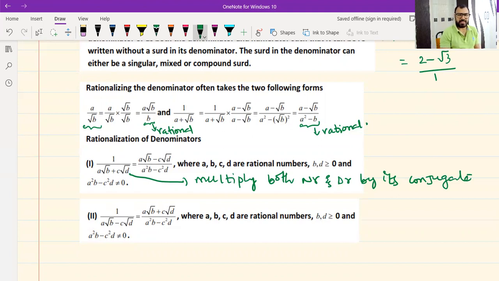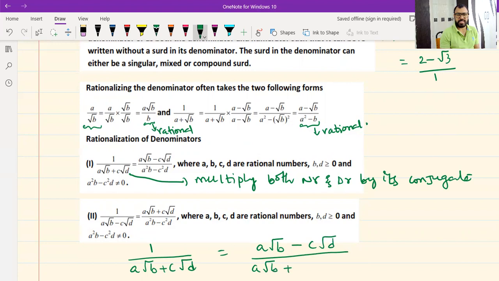Okay, here I'll write 1 by a root b plus c root d. We want to rationalize this. Multiply by the conjugate of the denominator, a root b minus c root d, by a root b plus c root d into a root b minus c root d.